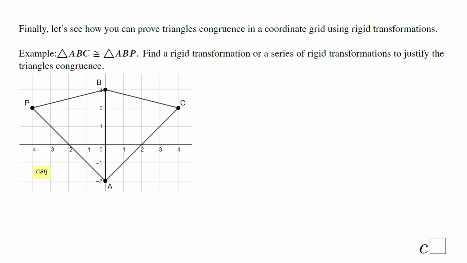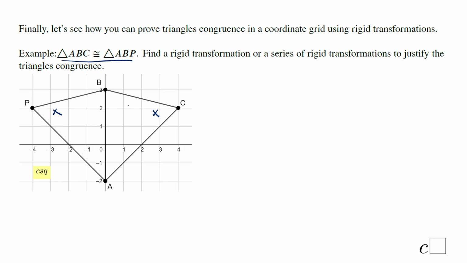And in the last part of the lesson, we're going to take a look at what I said at the beginning. Sometimes you can look at triangle congruence, especially in the coordinate grid, by using rigid transformations. So let's take a look here. Example, we have triangle ABC congruent with triangle ABD. We know that is given to us. Find a rigid transformation or sometimes a series of rigid transformations to justify the triangle congruence. So how can we justify that these two triangles are congruent using a rigid transformation?